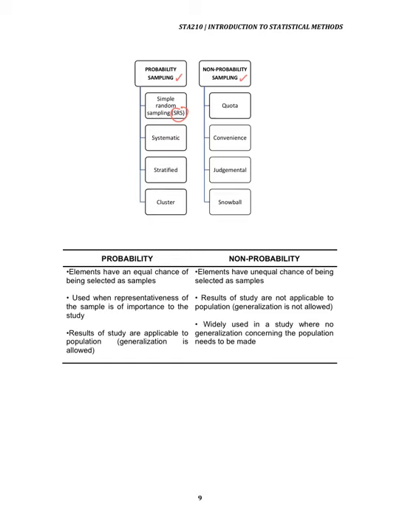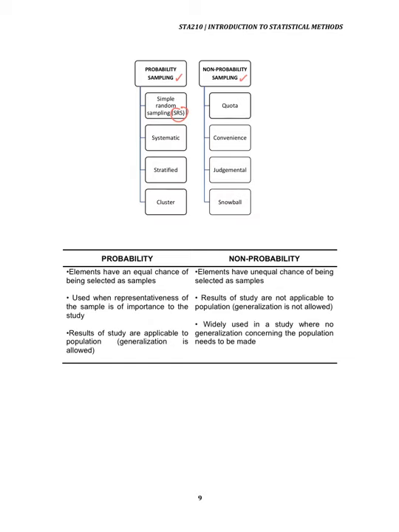Number two, the probability sampling technique will be used when representativeness of the sample is of importance to the study. Whereas for non-probability, results of the study are not applicable to the population, which means generalization is not allowed.